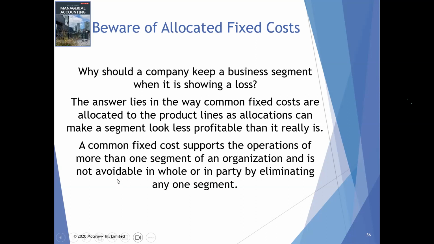We cannot avoid it in whole or in part by eliminating any one segment. It means if we drop or discontinue one segment, these costs we still have to bear. We cannot ignore it. So that's why we need to take decisions to keep the product.